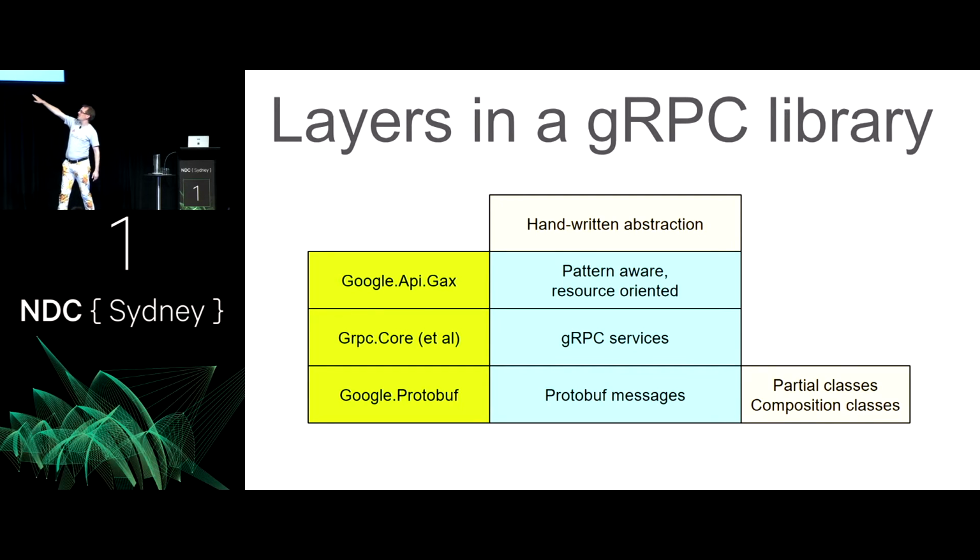And Google API GAX, that GAX is Google API extensions, which is, I realize, somewhat tautologous in this situation. That provides things like support for extra call settings, for retries, for page streaming, which we'll look at in a little bit.